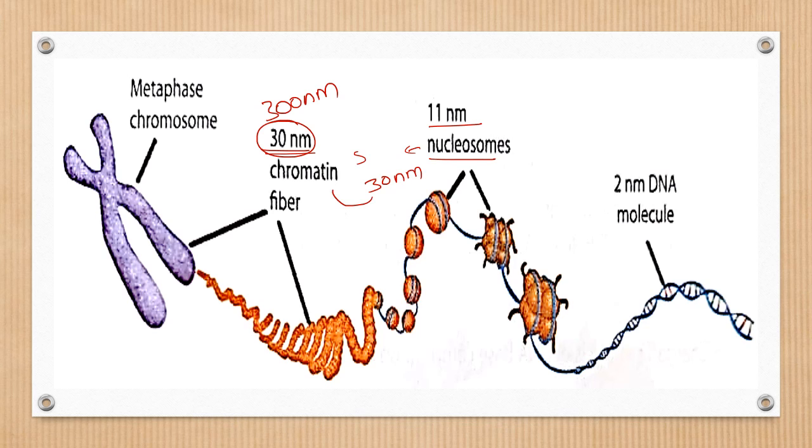This solenoid forms a chromatin fiber of 300 nanometers, and these chromatin fibers form a chromatin of 700 nanometers. Finally the entire chromosome has a 1400 nanometer diameter.